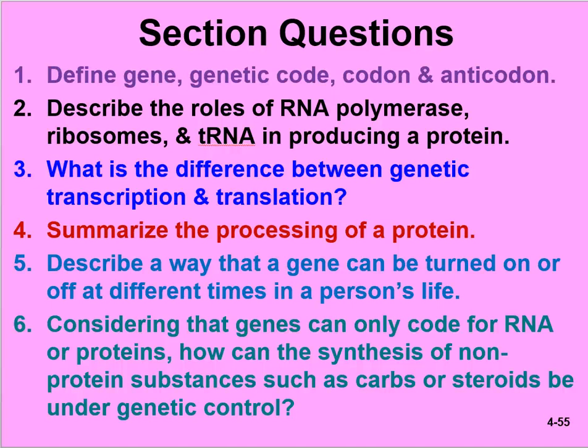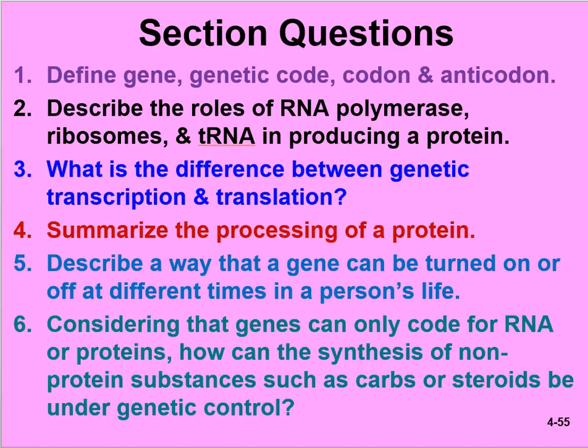A gene is an information-containing segment of DNA that codes for the production of a molecule of RNA, which in most cases will go on to play a role in the synthesis of one or more proteins. The genetic code is a system that enables the 4 nucleotides of DNA to code for the amino acid sequences of all your proteins.